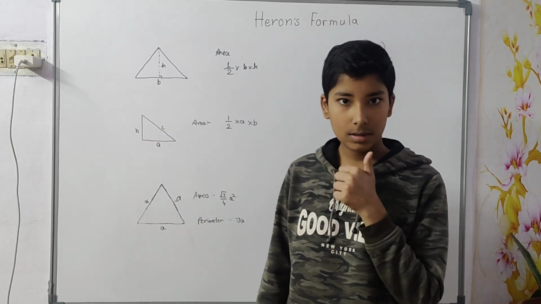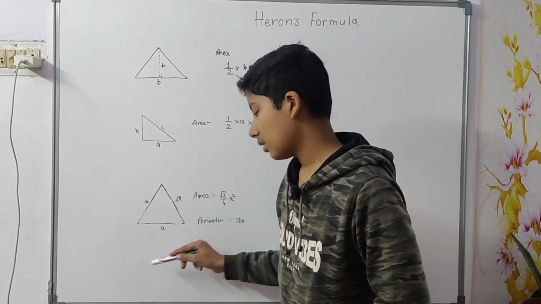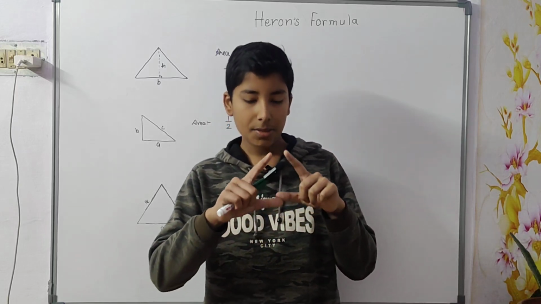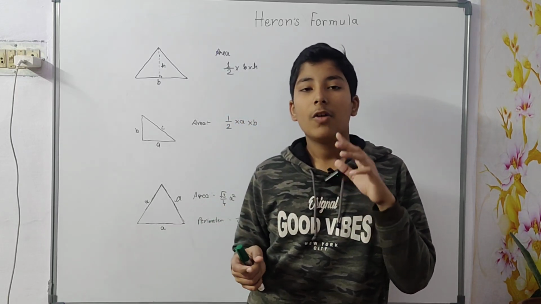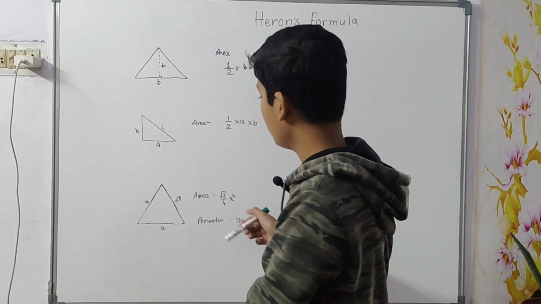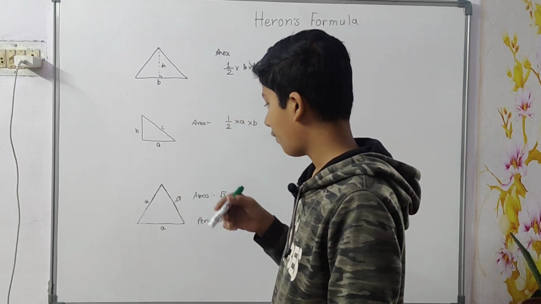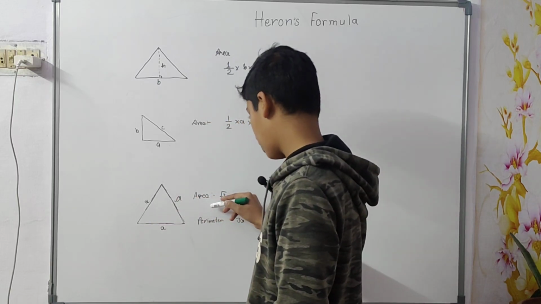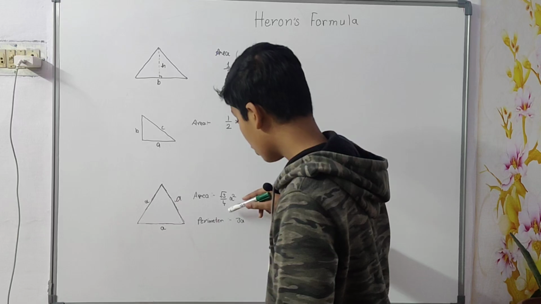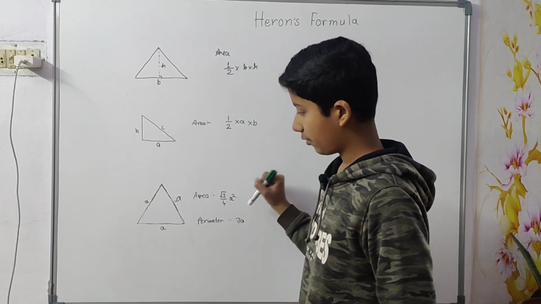Okay, is the area. Now this is an equilateral triangle, as you all know. Equilateral triangle has all the sides equal and forming 60 degree on each angle. Okay, so in this one the formula is root 3 by 4 a square. What is it? Root 3 by 4 a square.